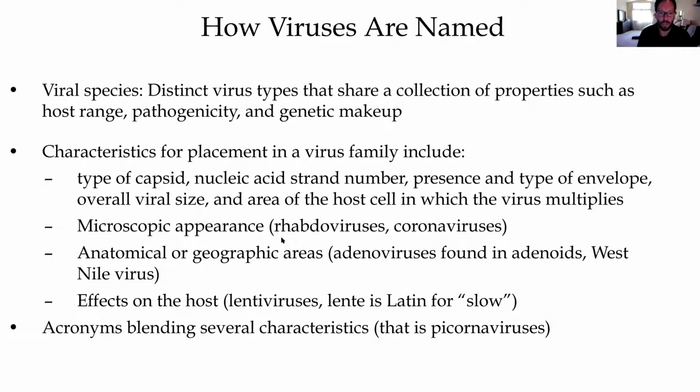The microscopic appearance. So rhabdovirus, it's called rhabdo because it looks like this rod shape. Coronaviruses, as I just mentioned, looks like the corona of the sun. It can be named on its geographical location or its anatomical location. So adenoviruses are found in your adenoids, right? And so that is why it's called adenovirus.